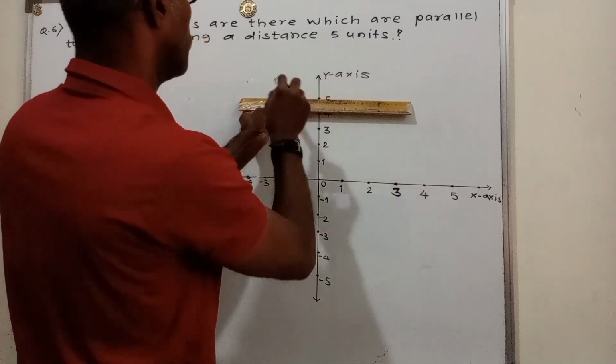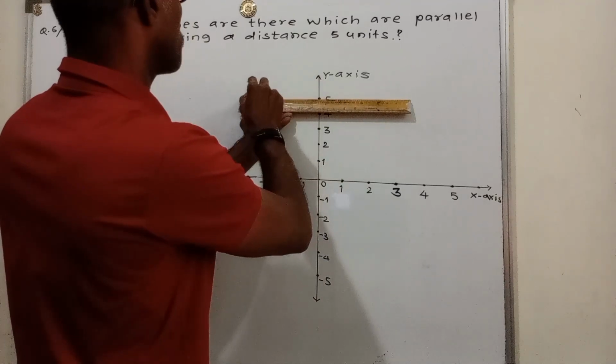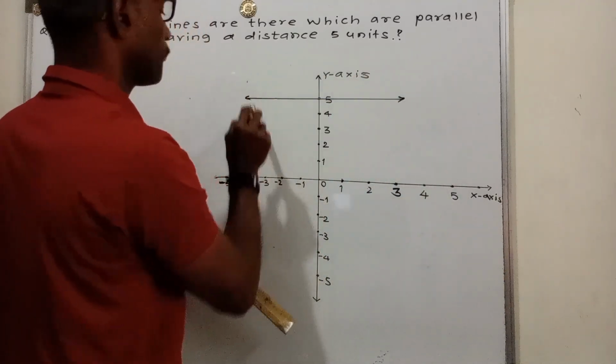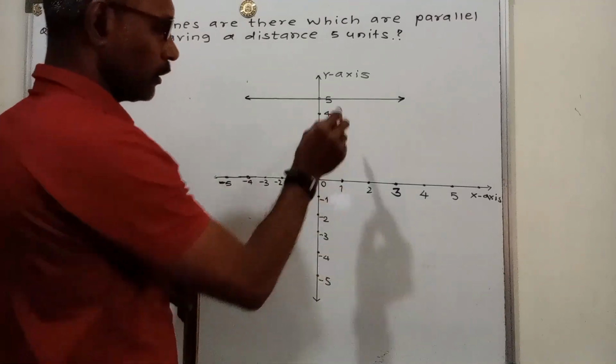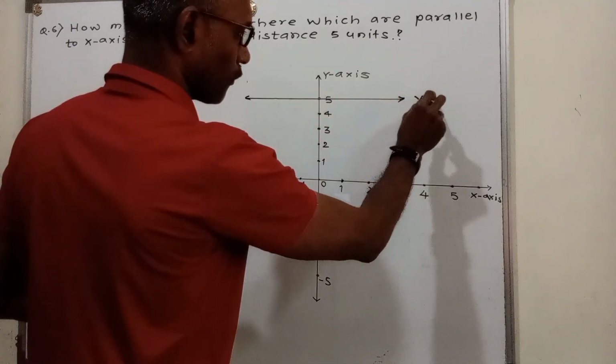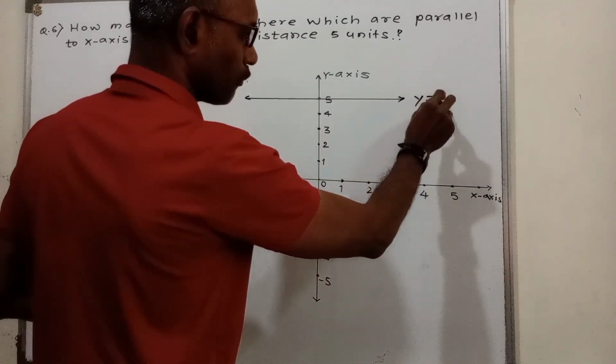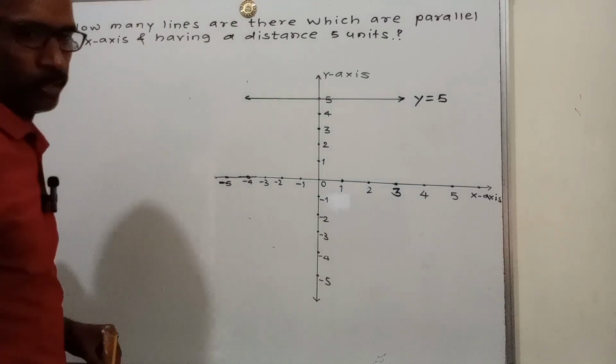Okay, then this is the first line. Parallel to x axis, therefore y is equal to 5.